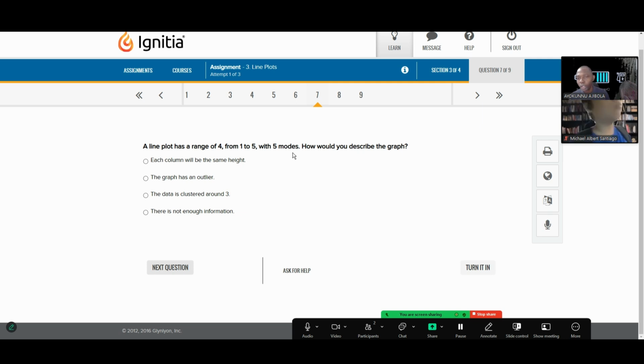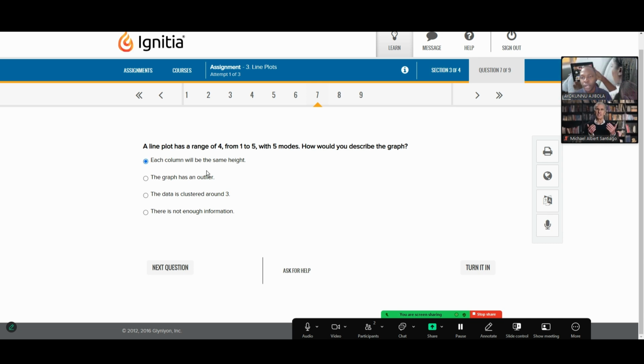Okay. Each column will be the same height. That means all of them are equal in population because it's just 1 to 5 and it has 5 modes. So 1, 2, 3, 4, 5. So each column will be the same.